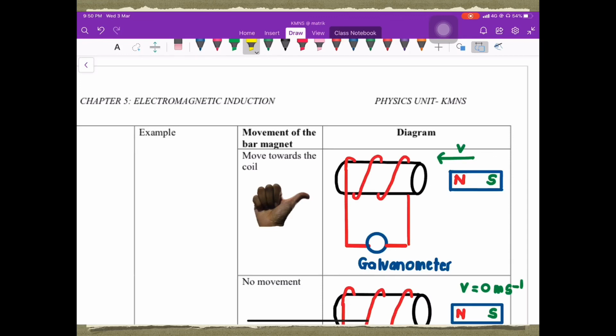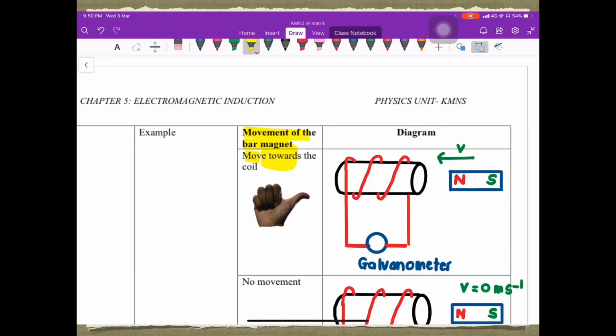To show the application of Faraday's law and Lenz's law, we have three examples. The first is the movement of bar magnets. When the bar magnet moves towards the coil, the keyword is towards.